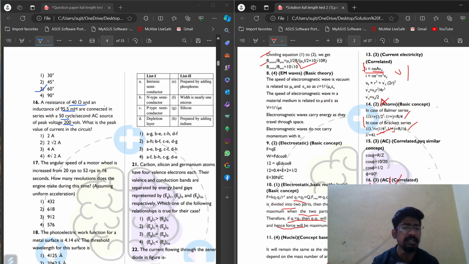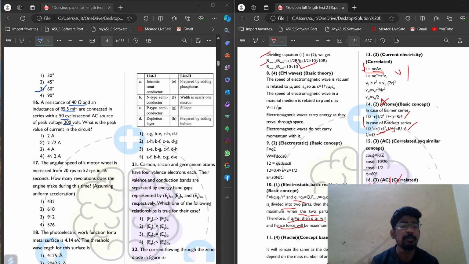So just remember the formula for the LCR circuit: R square plus, in bracket, XL minus XC whole square. And for the LR circuit, the XC is 0, that means it will become R square plus XL square. And for the CR circuit, the XL will become 0.